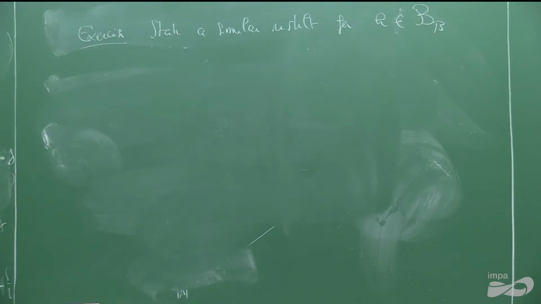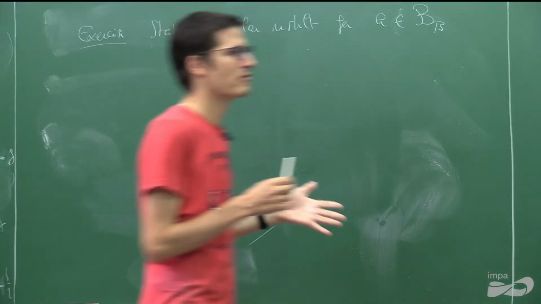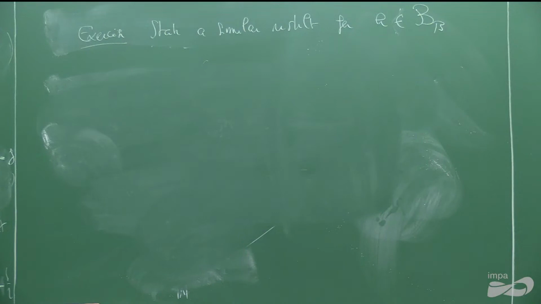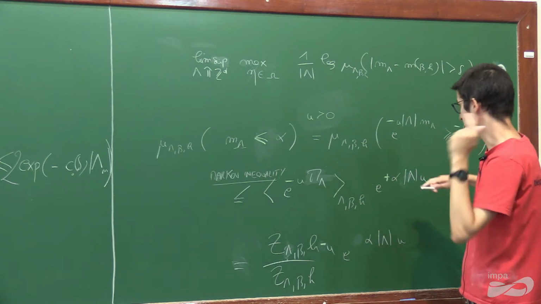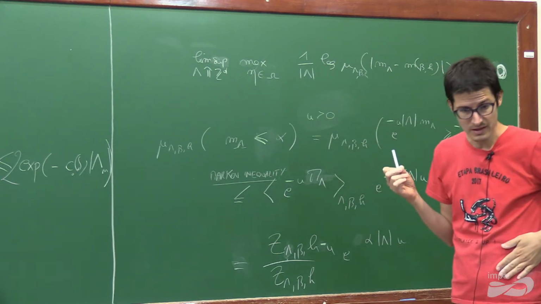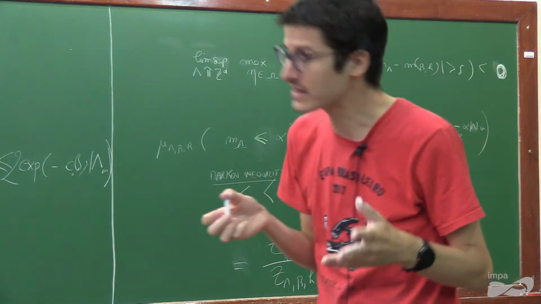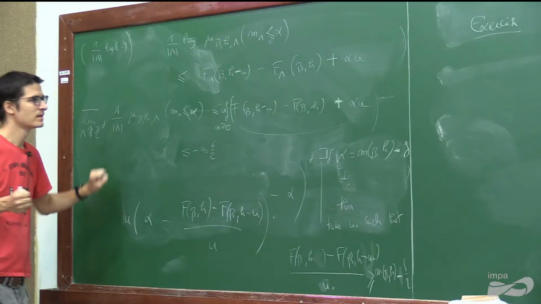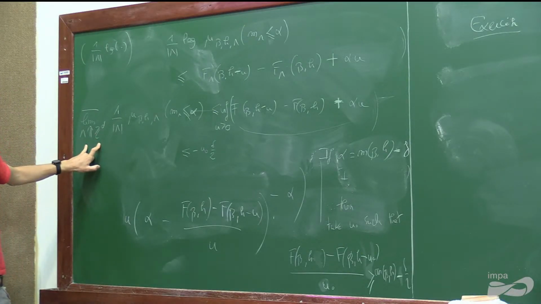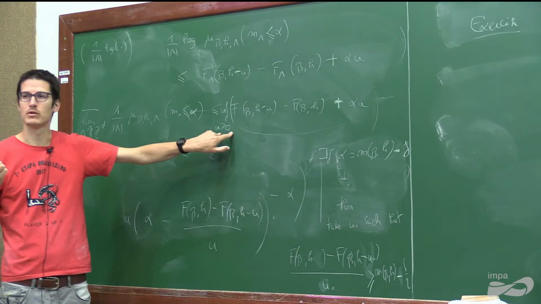The second remark is, okay, so if you see this kind of thing for the first time, well, it already seems extremely powerful. You know, this thing that just looking at the free energy, you can have this kind of bounds on the deviation of the magnetization. But it's in fact even better than that, in the sense that this lim sup here, it's actually a limit, and it's exactly equal to this infimum.